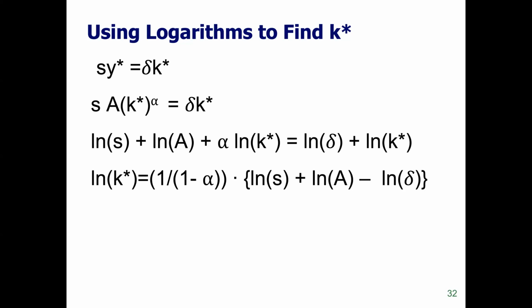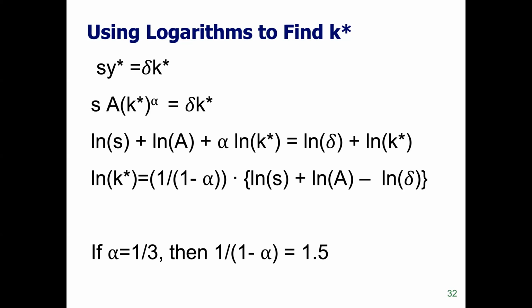Here's just a repeat of what we had before, but now let's plug in a particular realistic value of alpha equals a third. If alpha equals a third, then 1 over the quantity 1 minus alpha is 1.5. Why is that?